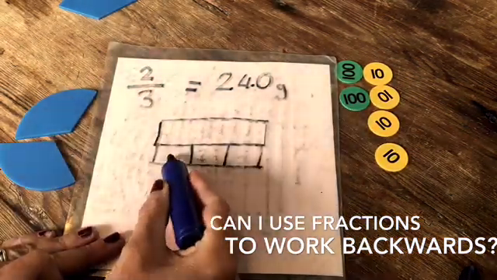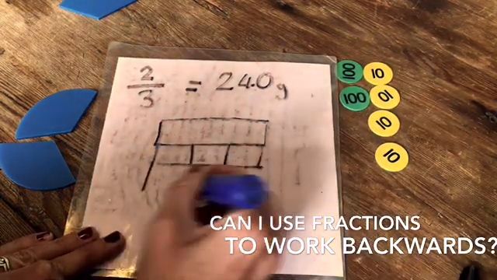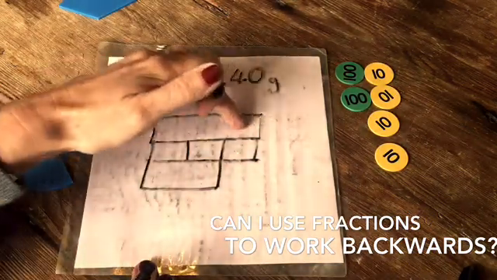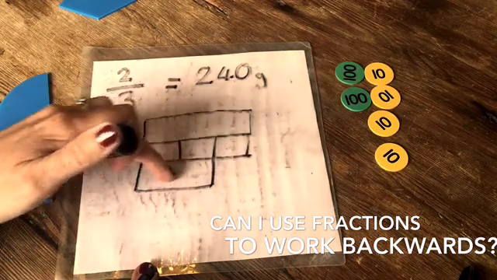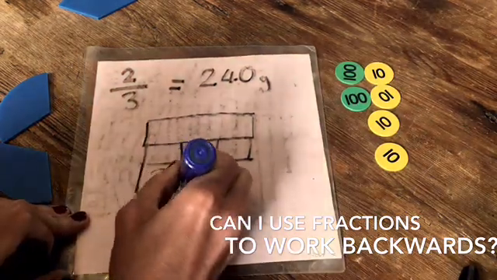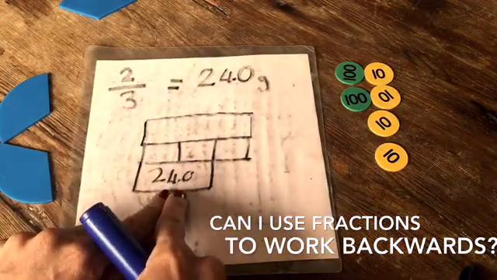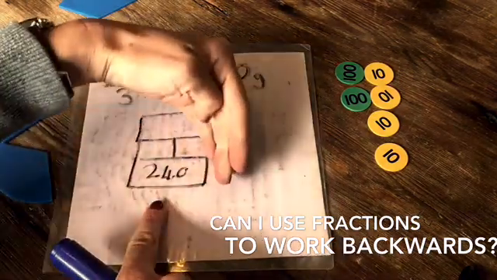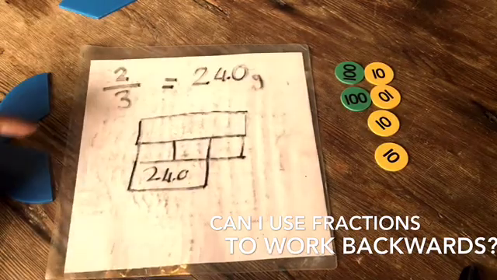Now, we don't know what a third is yet, but what we do know is we know how much 2/3 weigh. So this is the whole cake. This would be the cake in thirds, but here are 2/3. We know that 2/3 are 240. Okay, so actually, I could halve that, because to find a third of this amount, I need to halve that, and hopefully you can see from that diagram.